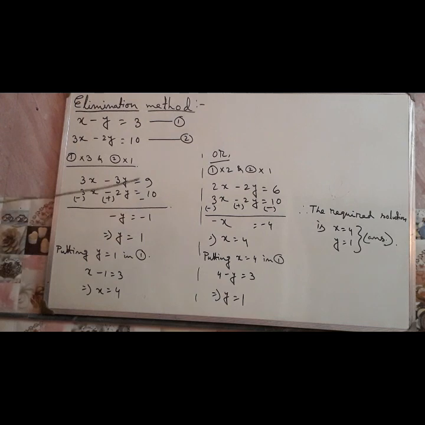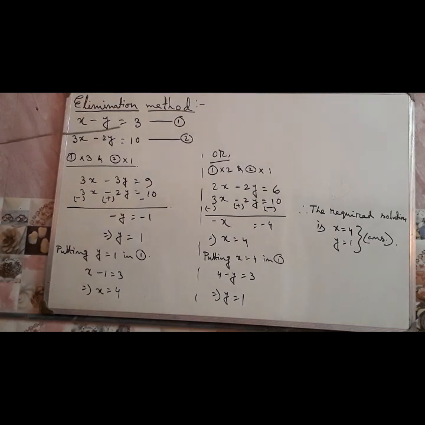If you want to eliminate y, then you have to see what the coefficient of y is here, 1, here it is 2. Rather, the coefficients are minus 1 and minus 2, so we took that minus common.